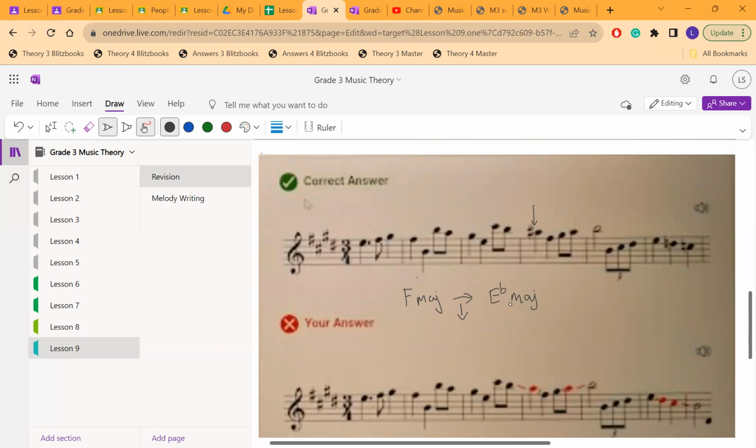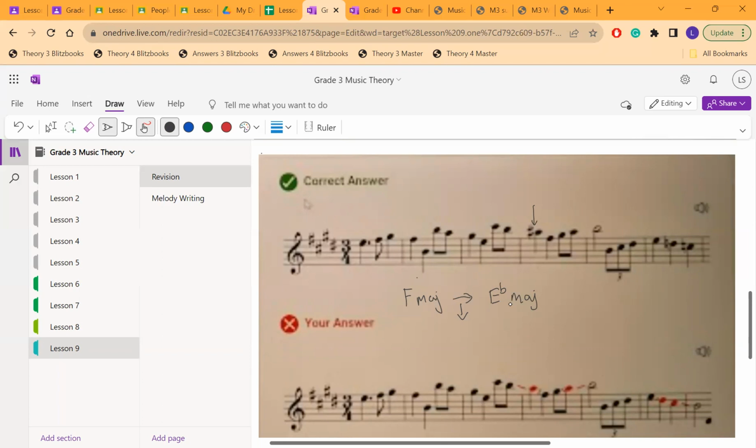F major, E flat major looks like this. F to E flat, a tone. G to F, another tone.